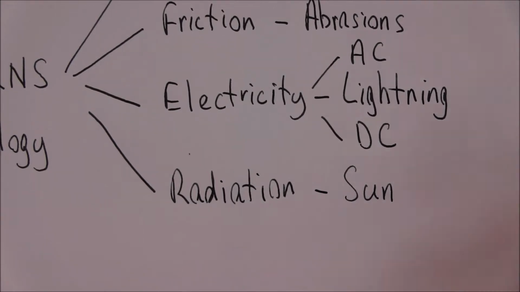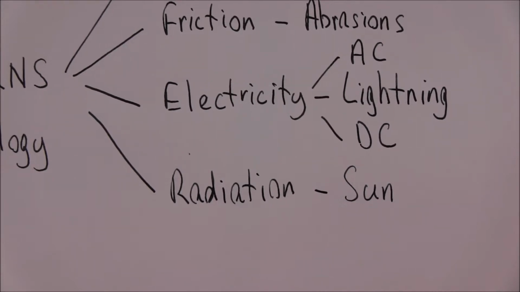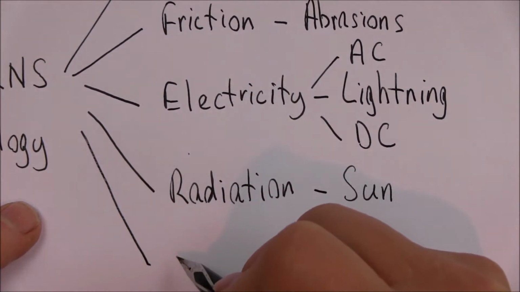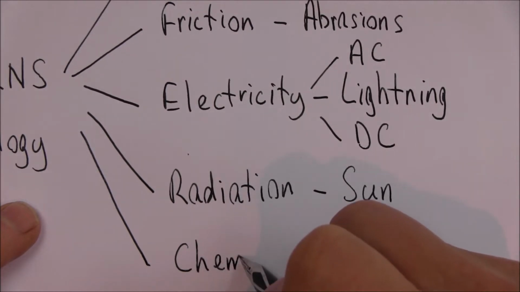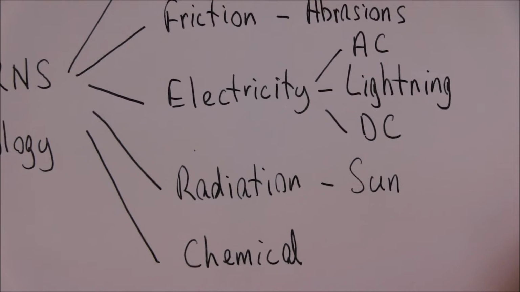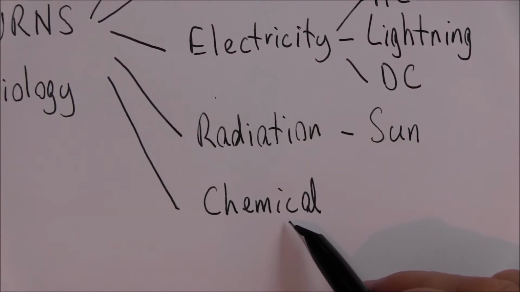The infrared component carries the heat and can cause burning. So radiation as a cause. And then the other kind of burns we talk about are chemical burning. And chemical burns are more common in less economically developed countries, unfortunately.